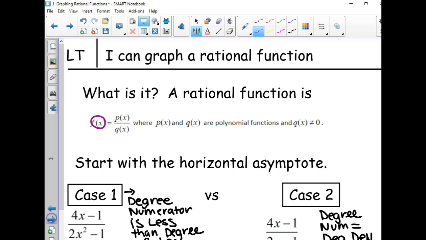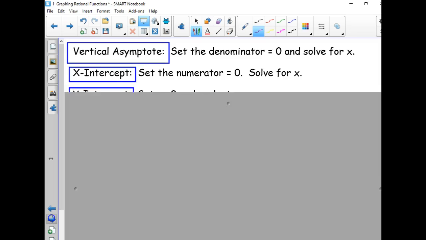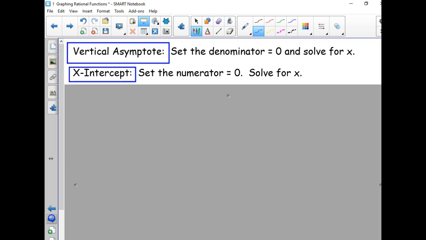So we have to set the numerator equal to 0 and solve for x.